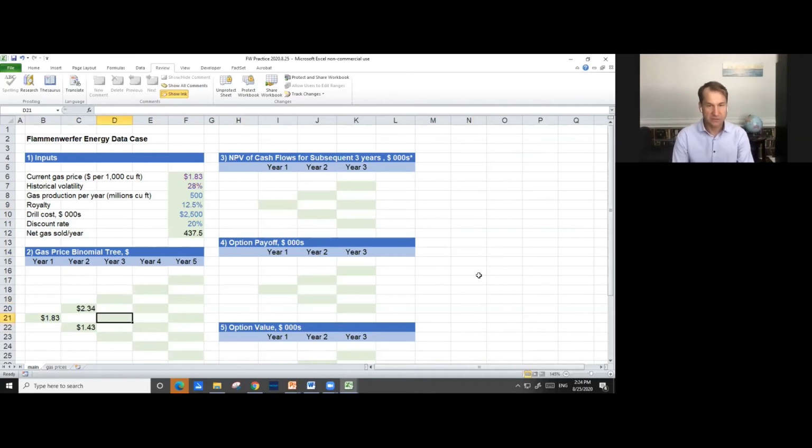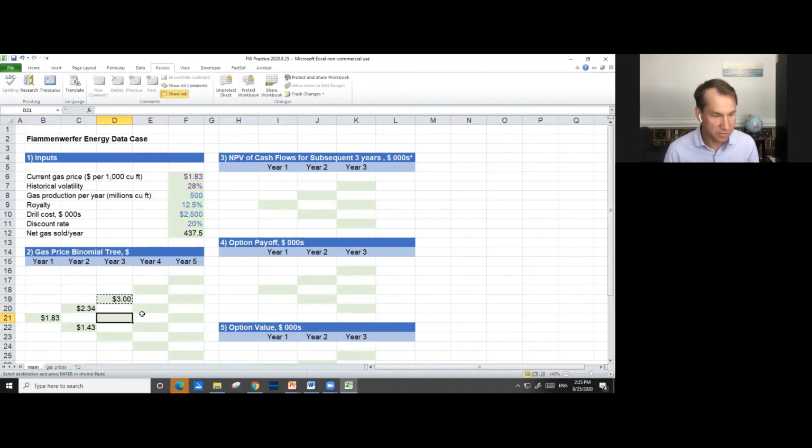So these are the ones we'll be populating. But again, for the sake of efficiency, instead of me retyping these formulas for different nodes in the binomial tree, I will copy and paste, but be careful to freeze the right cells. So here, for example, in year 2 going up, I froze the percentage, but I didn't freeze the prior year. So that means if I copy it for year 3 up, it will be based on year 2 times the same cell F7 with the volatility.